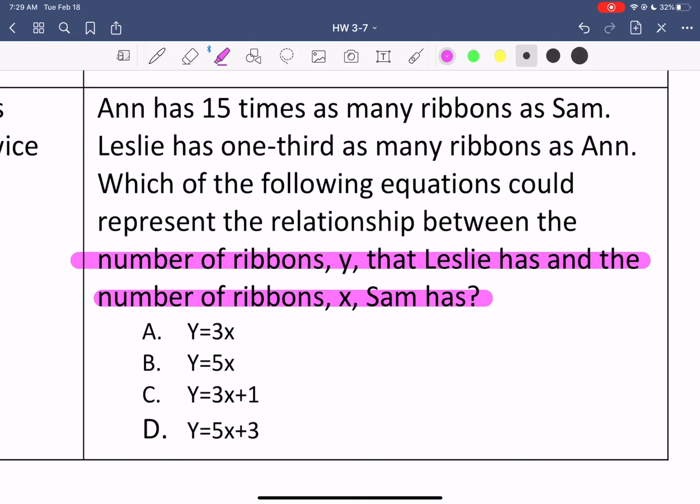So we want Leslie and Sam. So if Anne has 15 times as many ribbons as Sam, Leslie has 1/3 as many ribbons as Anne.